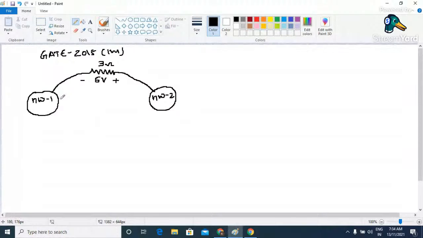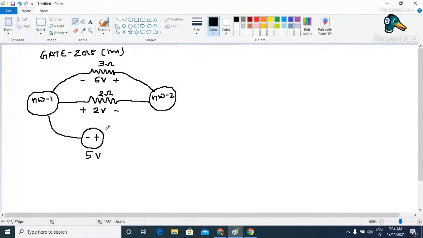In the same way, we have connected another resistor of 2 ohm between network 1 and 2, with 2 volt developed across it. And then we have connected an active element, a voltage source, plus minus, of magnitude 5 volt between the first and second network.